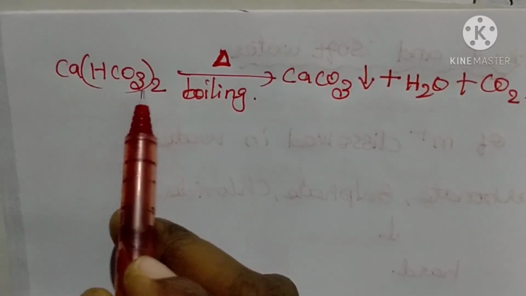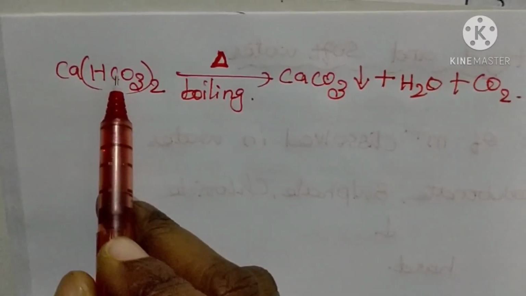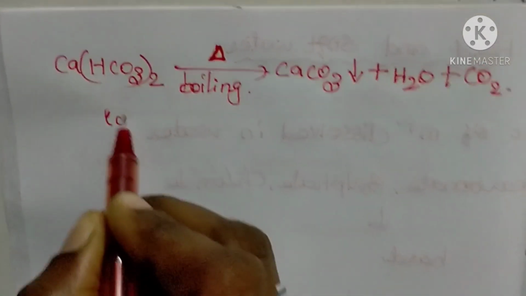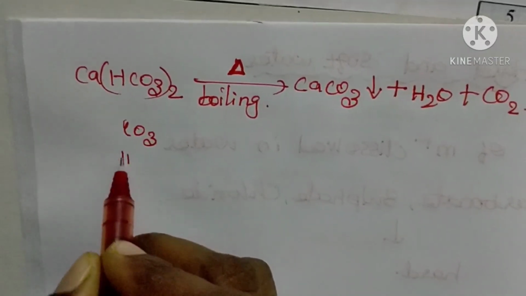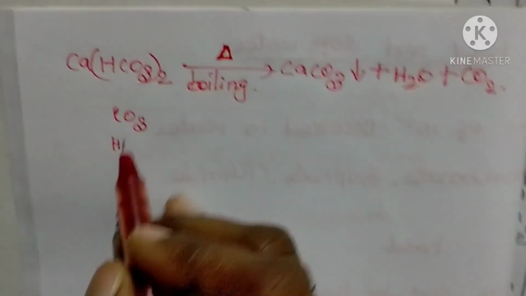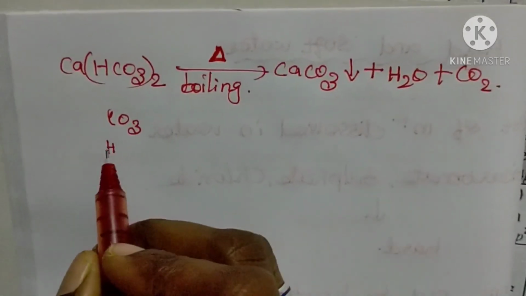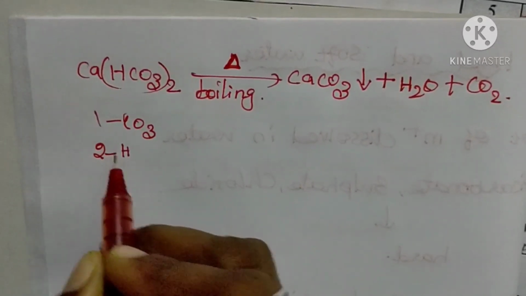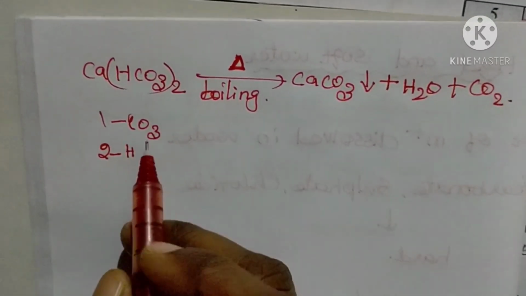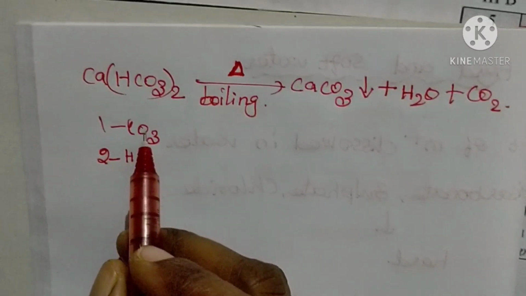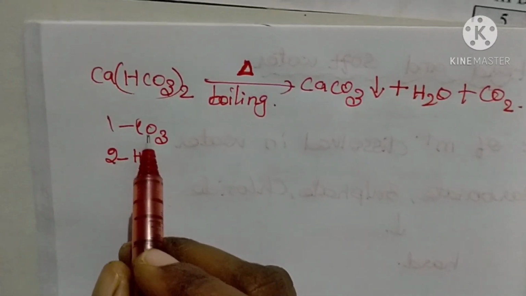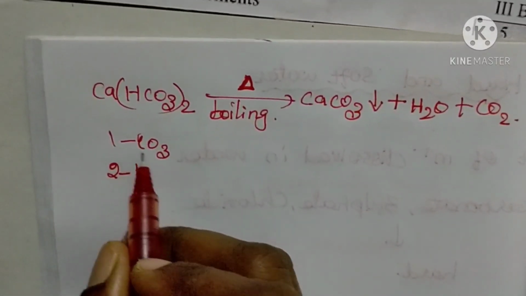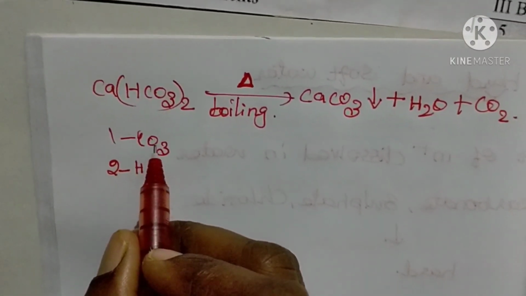Calcium is combined with carbonate. You have two carbonate and two hydrogen. So one carbonate is removed with the calcium as calcium carbonate, and the remaining one carbonate and two hydrogen are present on the side. Now these two hydrogen are combined with one oxygen from this carbonate and form H2O.